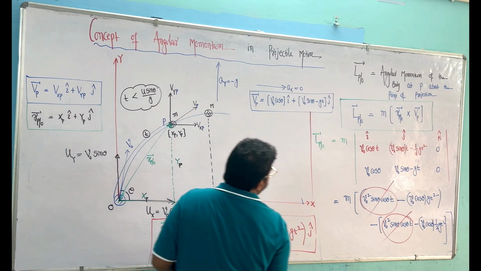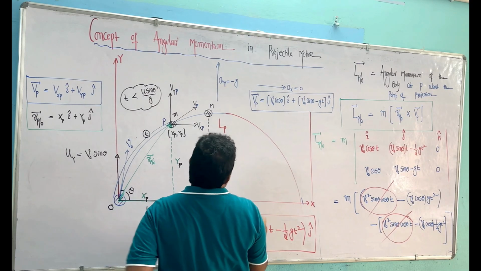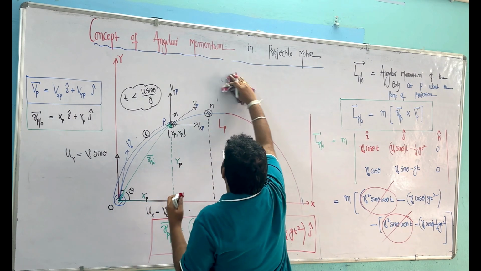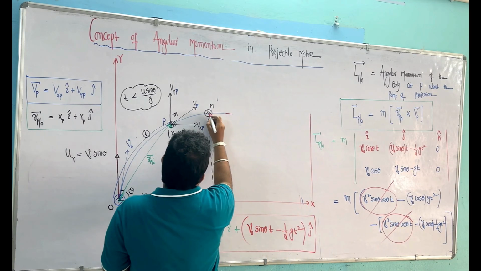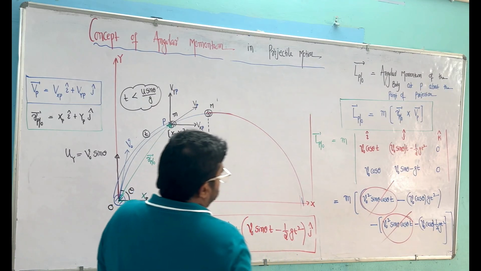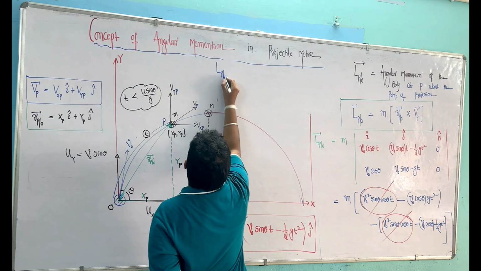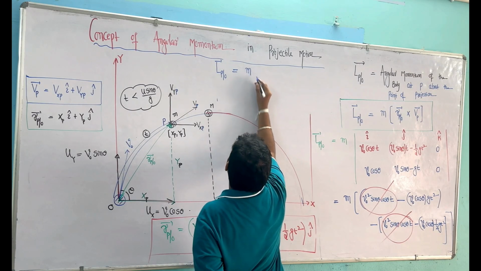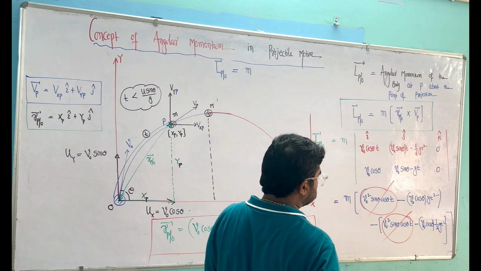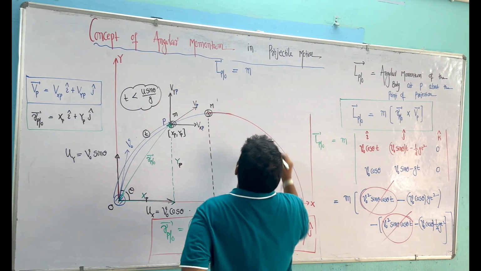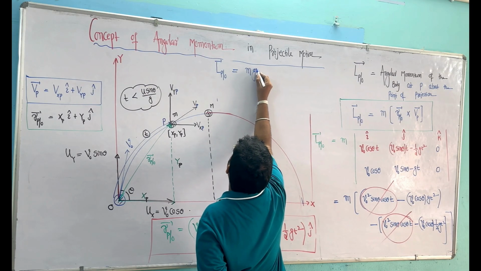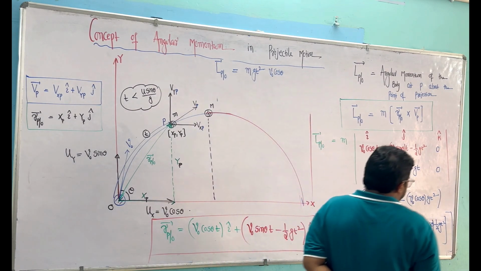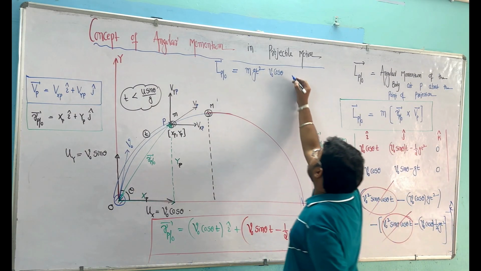Tell me, what do we get here for the angular momentum at point P about point O, about the point of projection? m into half V naught cos theta minus V naught cos theta g t square.